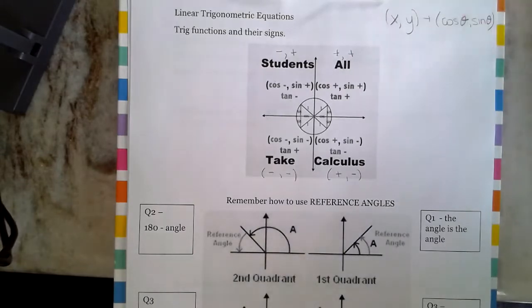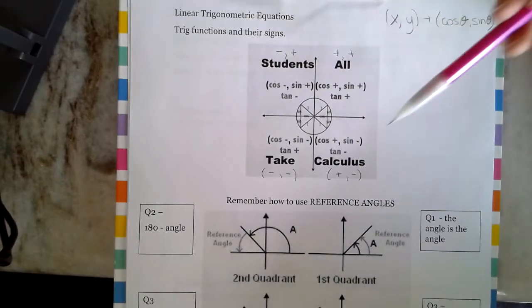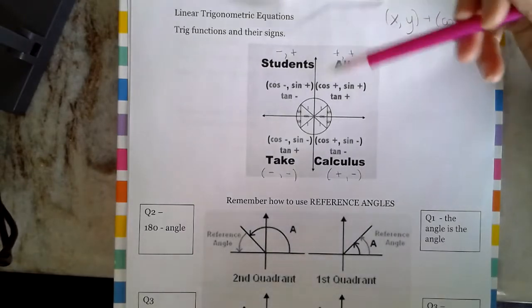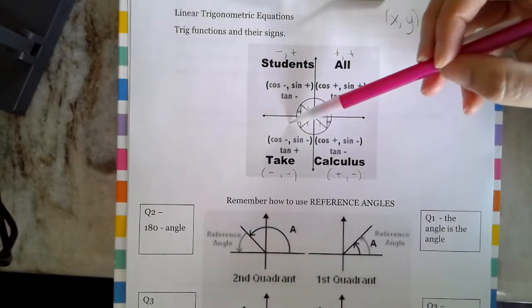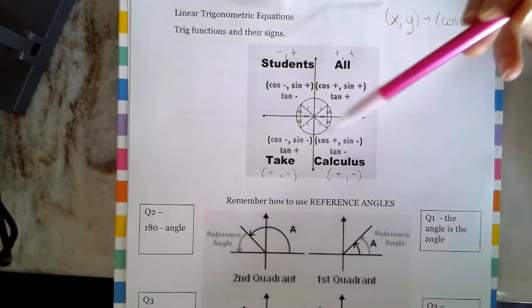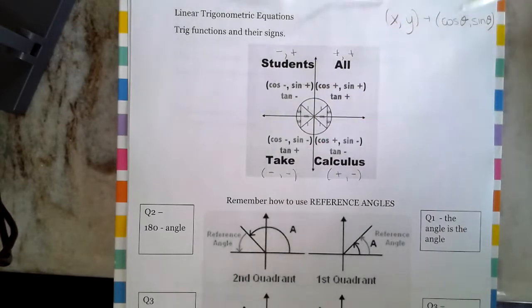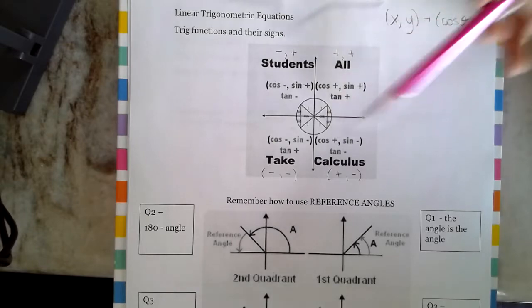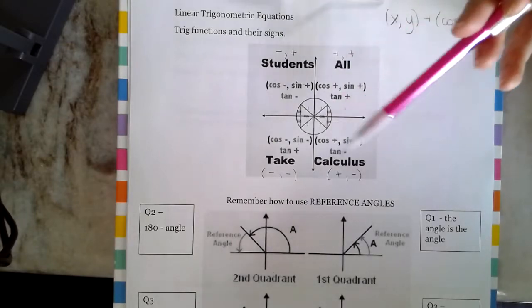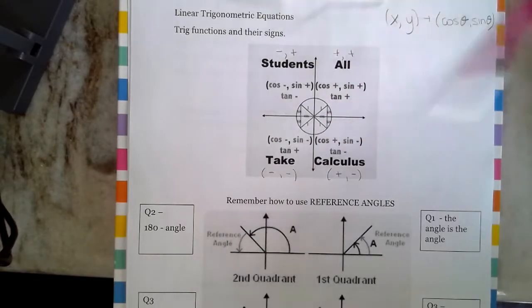Quadrant 3, negative, negative, so both your cosine and sine are negative, but the T in All Students Take stands for tangent. In quadrant 3, tangent is positive because a negative divided by a negative is a positive. And then in quadrant 4, your cosine is positive. So All Students Take Calculus, and these letters represent which trig function is positive in that quadrant.